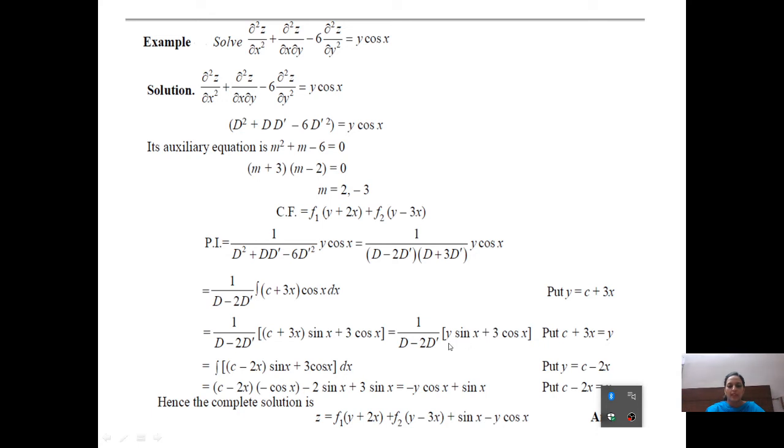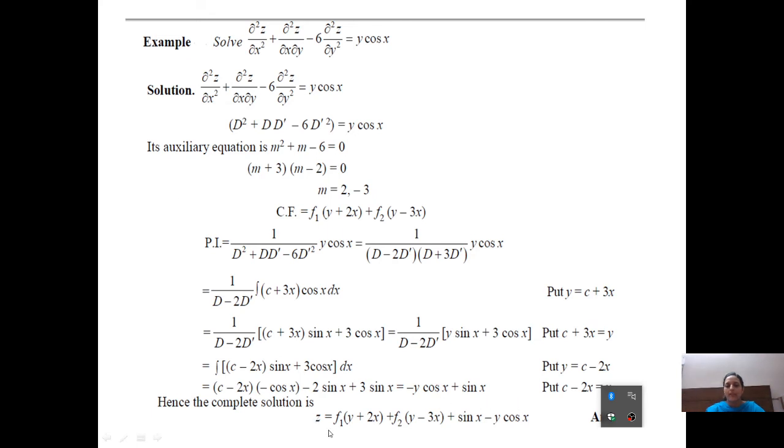Only we have to replace y with this term c minus 2x. After this, we will solve it generally. General integration we have done here. And finally, after solving, we have to place this c minus 2x back to y again. This is the final solved PI part.